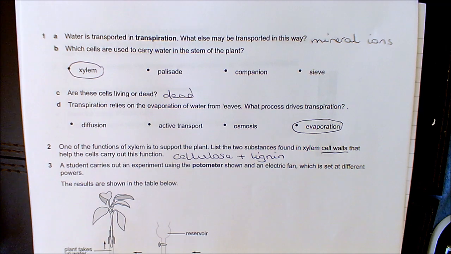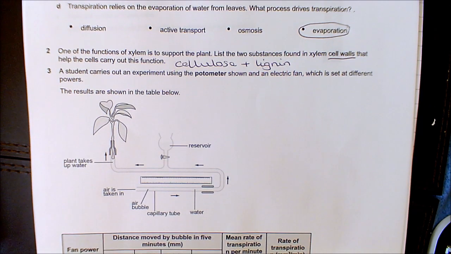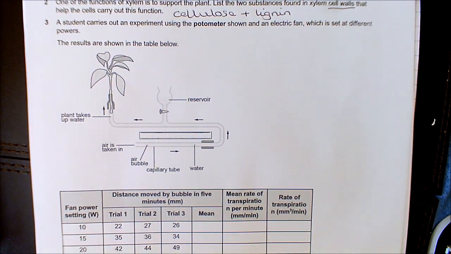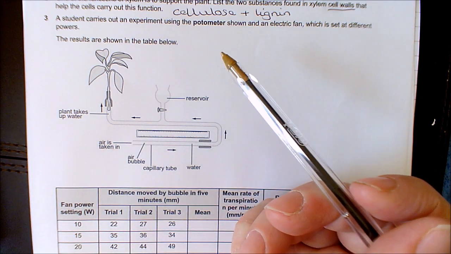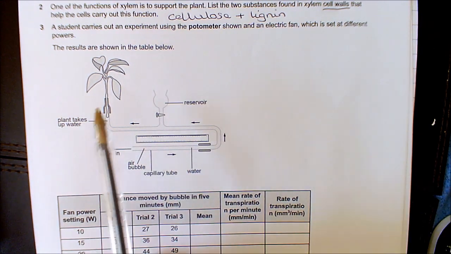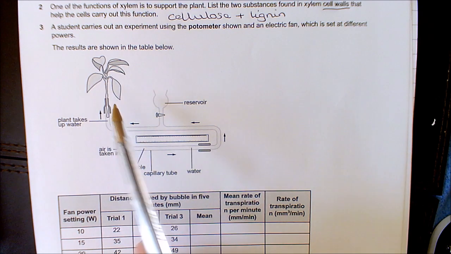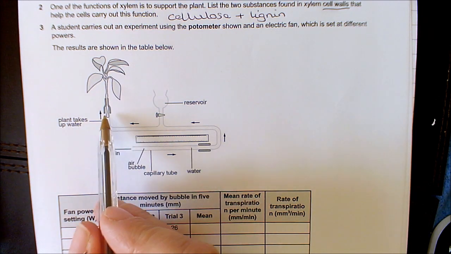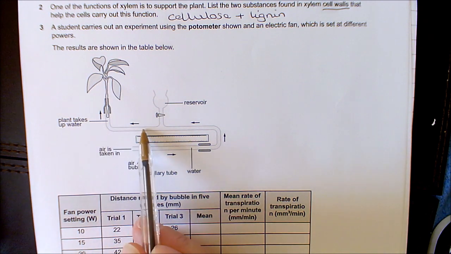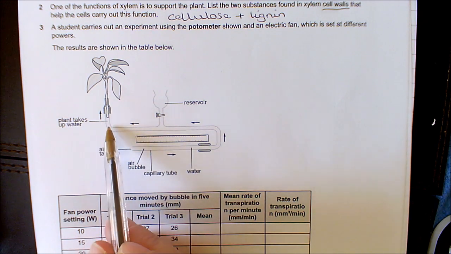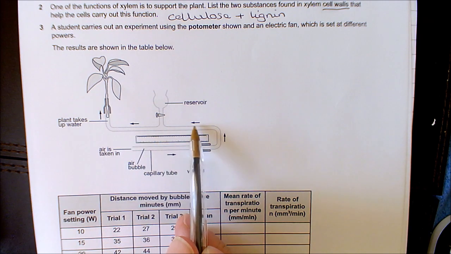So a student carries out an experiment using the potometer shown and an electric fan which is set at different powers. The results are shown in the table. So here's our potometer. We've got our plant here which is connected to capillary tubing. The capillary tubing is basically just an extension of the xylem vessels. You've got to pretend that here normally this would be the xylem vessel.